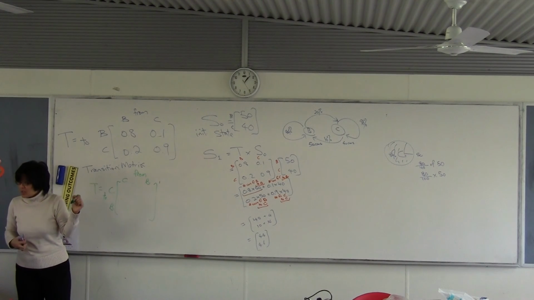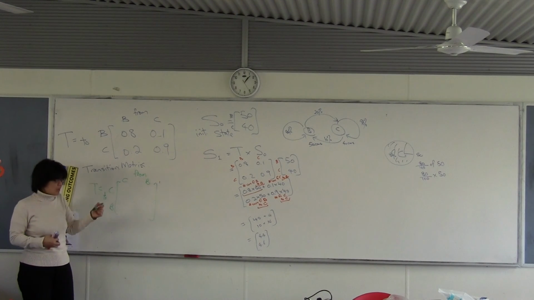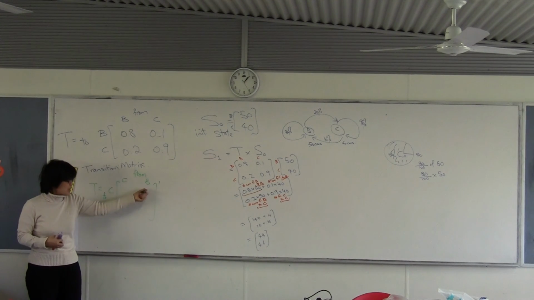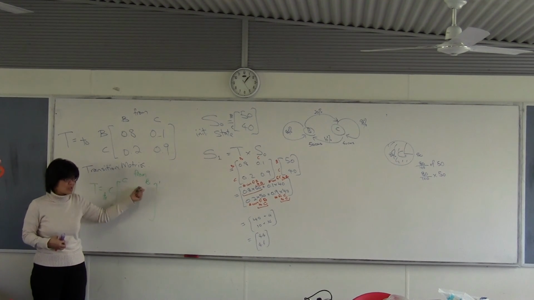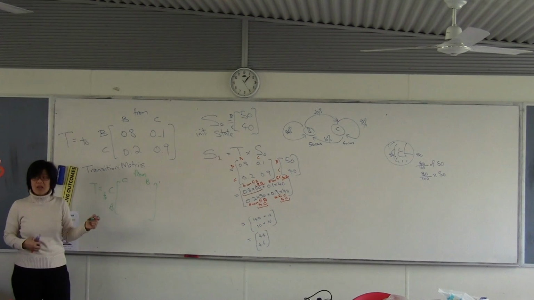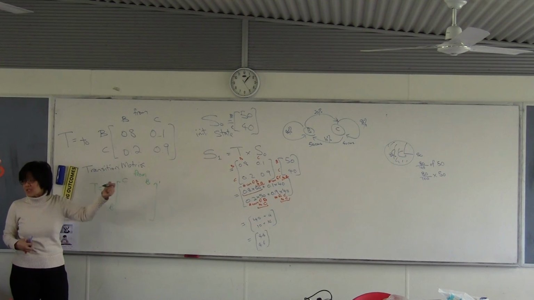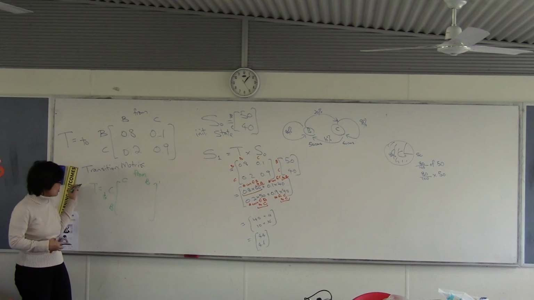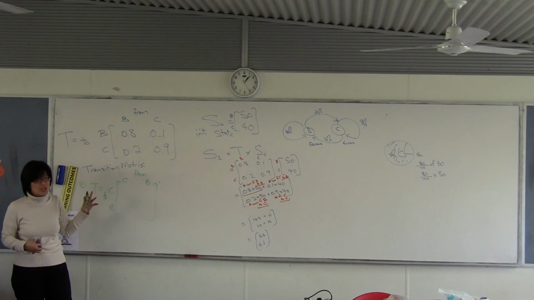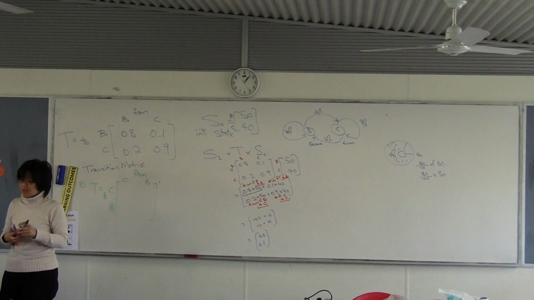The second question is the one in green. The transition matrix, if I set it up this way, what are the values? Then how do you find out what happens after 1 week? That's question number 1. If you can do this, it shows that you know how it works.